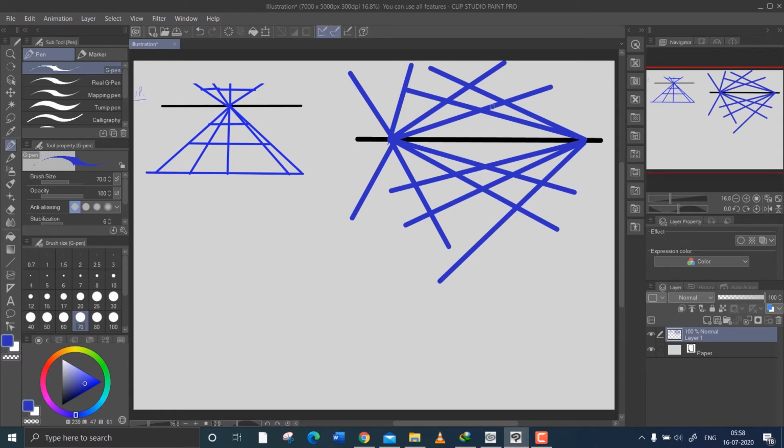This is not a perfect grid. I mean, the angle between them should have been same. It gives you the idea. Everything that is placed in this grid will have 2-point perspective.